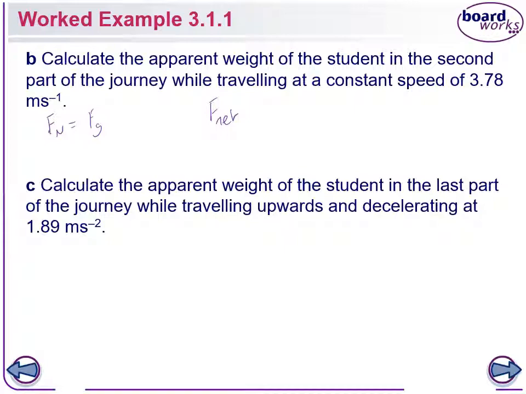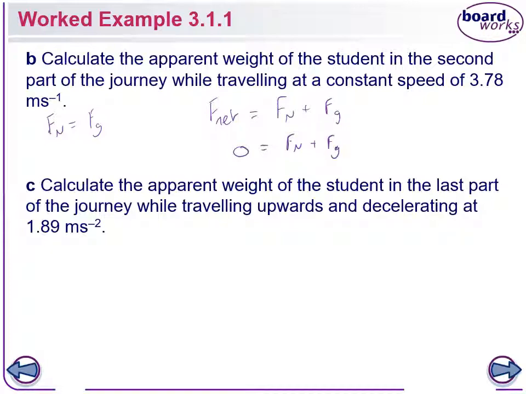F net is equal to Fn plus Fg. Our net force is equal to those two. Now, if we're not accelerating, what's our net force? 0. So our net force is 0 equals Fn plus Fg.